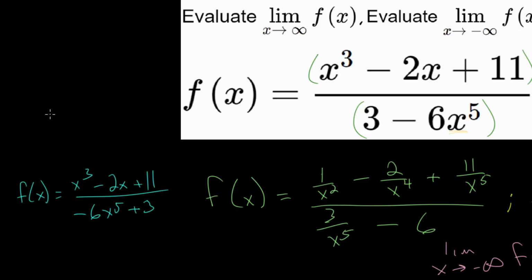And basically, as we let x get bigger and bigger or more and more negative, what happens is that the lower power terms matter less and less. Essentially, when, let's say, we're approaching infinity and we put in, let's say, 1,000,000.